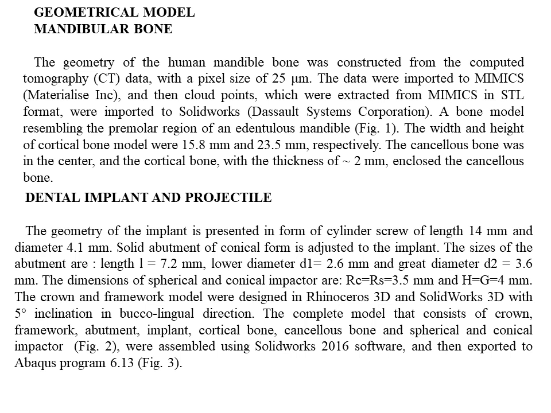Several parameters are highlighted, such as the mass and the shape of the impactor, to analyze numerically the magnitude and distribution of stress in the tissues surrounding the implants and different components of the dental prosthesis. In addition, to verify the stress distribution in different parts of the dental system when it is subjected to mechanical shock. Several factors such as the projectile shape and its mass have been highlighted.